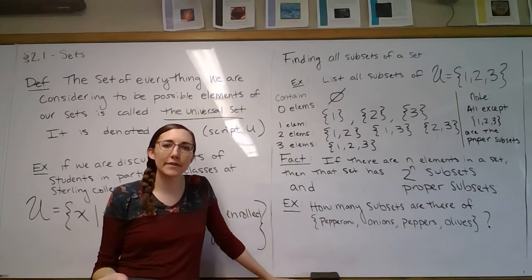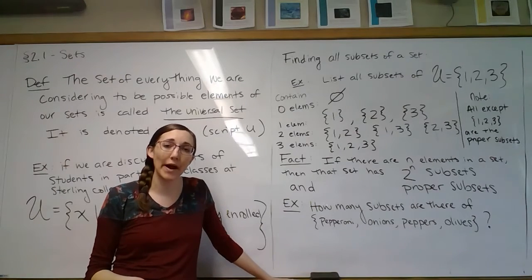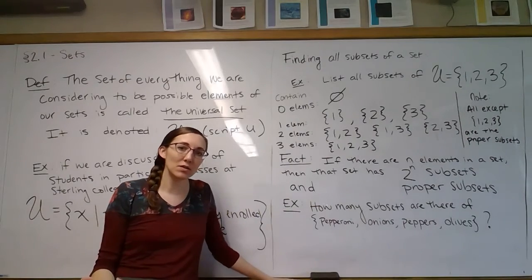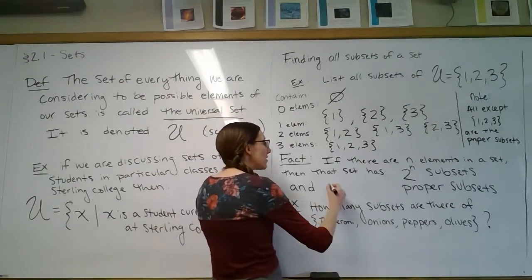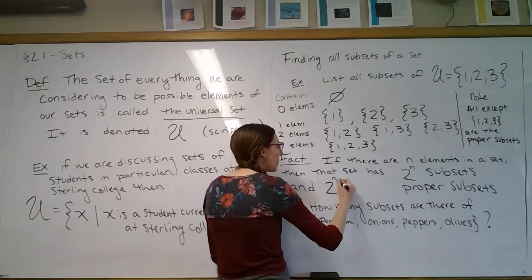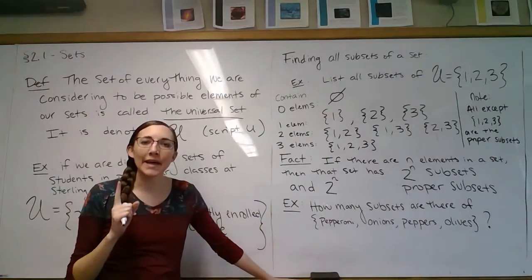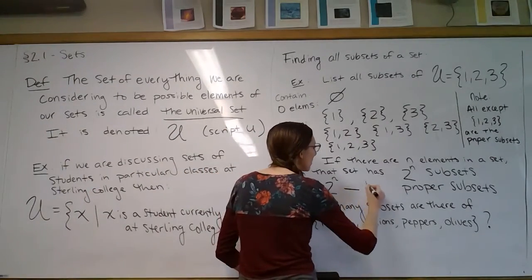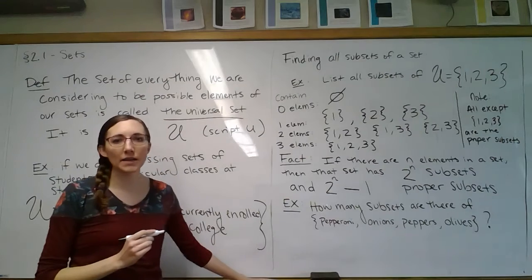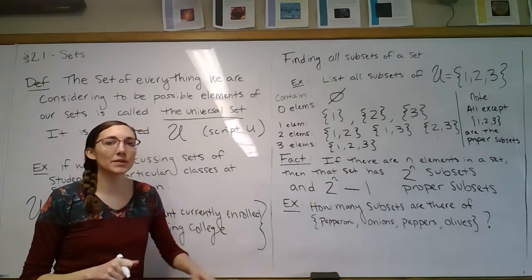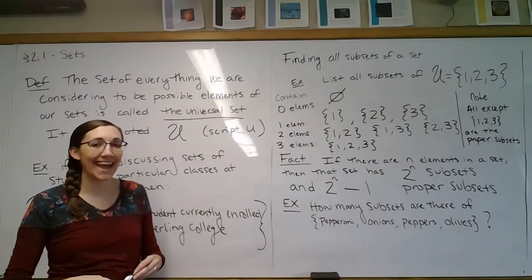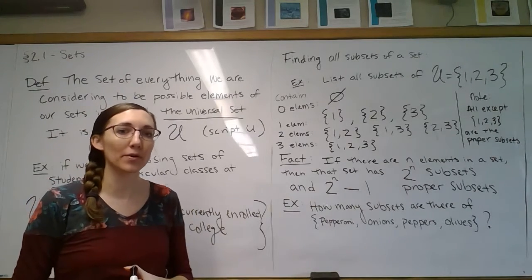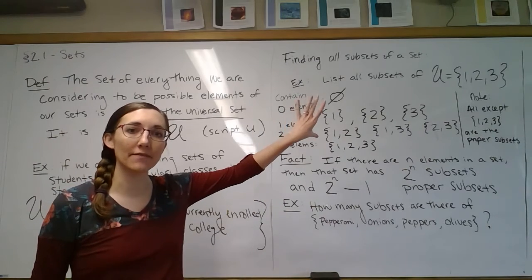That would have been the same even if my list was bigger, right? A proper subset is just a subset that's not equal. So start with that 2 to the power of n, and then get rid of one of them. So from that total, subtract 1. Like up top, we would take 2 to the power of 3, which is 8, and then take away 1 from 8. There are 7 proper subsets, the first 7 that we listed.